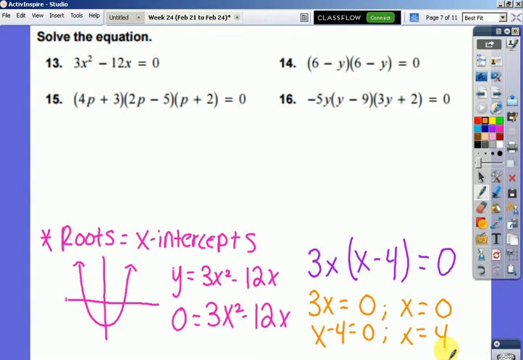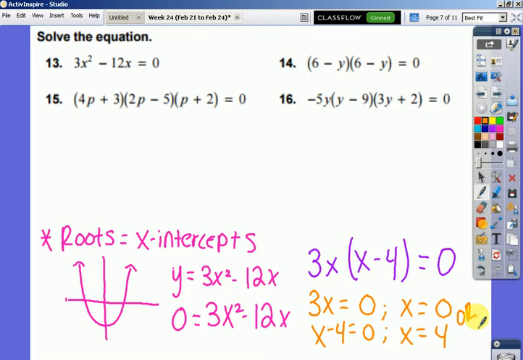Remember, there is a shortcut. So something like number 15, if you see x minus 4 set equal to 0, you should automatically know that that's just going to be x equals the opposite sign based on the operations. Okay. And oftentimes, remember, we put an or here. x equals 0 or x equals 4. Both of those will give me a product that will yield 0 as my final answer.